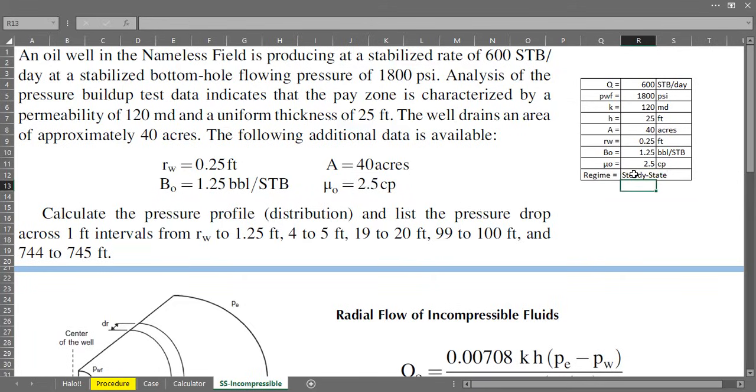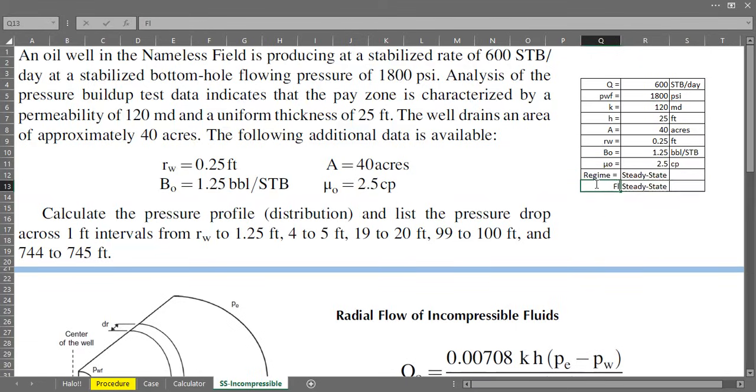So we can use equation from steady state flow. And we don't have information regarding the compressibility. So let's just assume that the fluid type is incompressible. Okay.